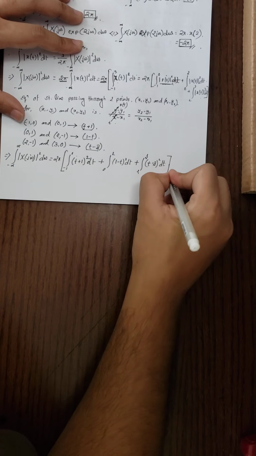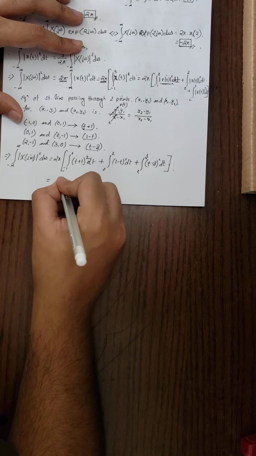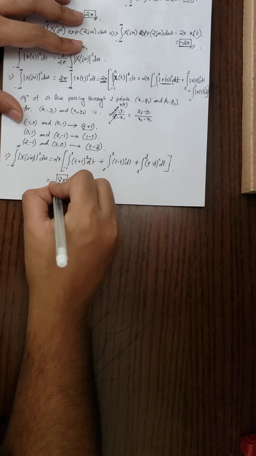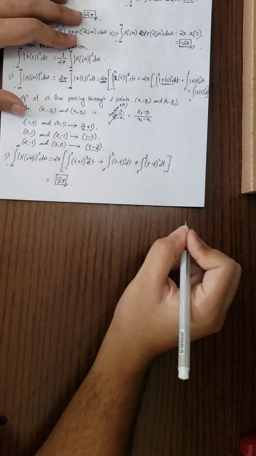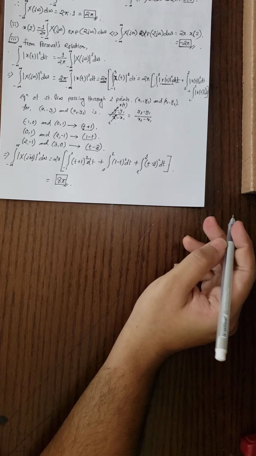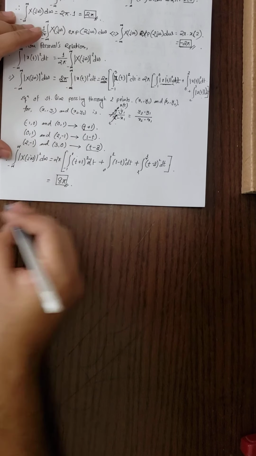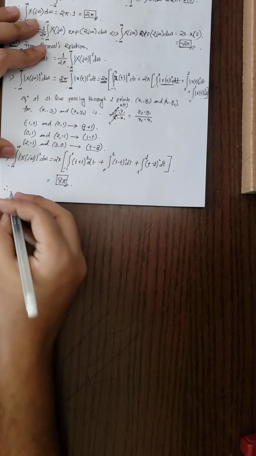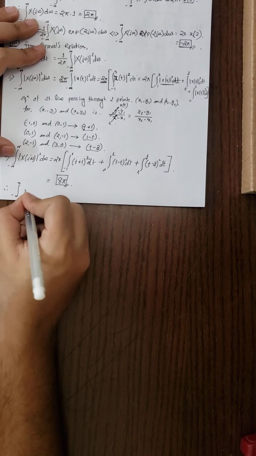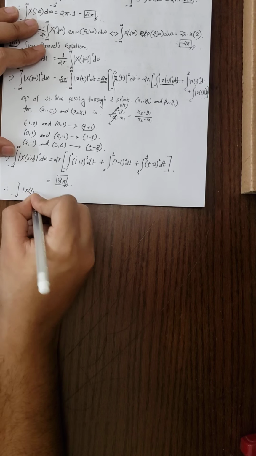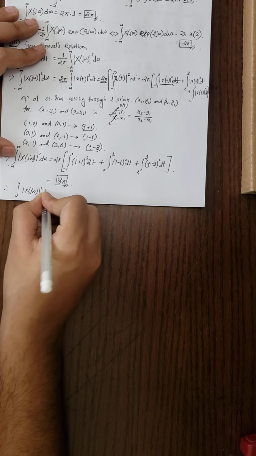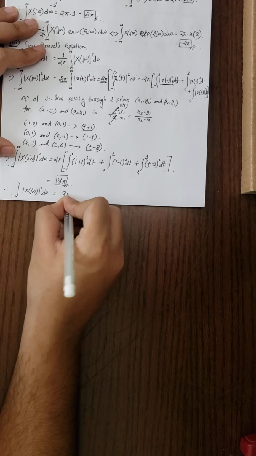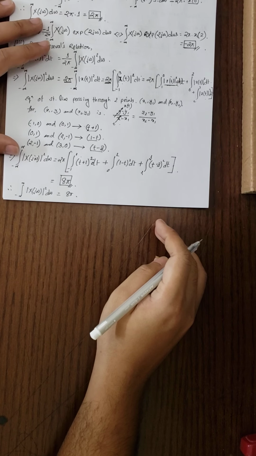Now if you solve this expression, the result will be 8 pi. I hope you will solve it in your own time. And so we get the third part of the question, which is this value minus infinity to infinity x of j omega whole square d omega to be equal to 8 pi.